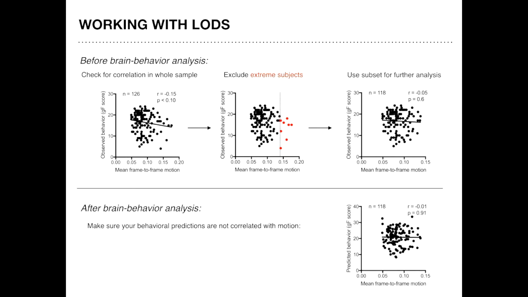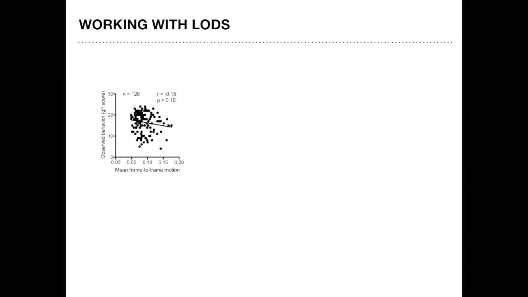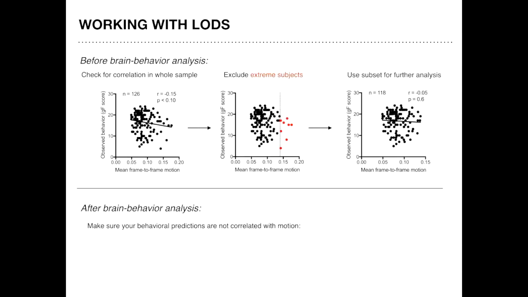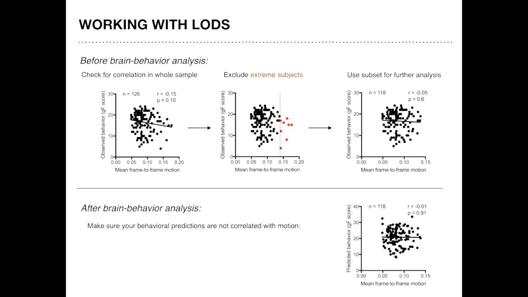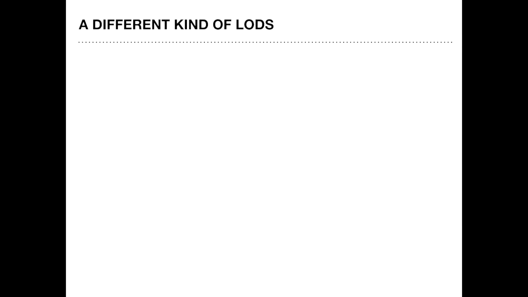So here we're proving that our observed behavior is not correlated with motion, but we can also check that our model is not just picking up on variance associated with head motion by correlating the predicted behaviors with mean frame to frame motion, and we don't see a correlation here either. So that gives us some confidence that motion is not a confound in this study. But these are just the steps that you should try to take on your data depending on your research question.